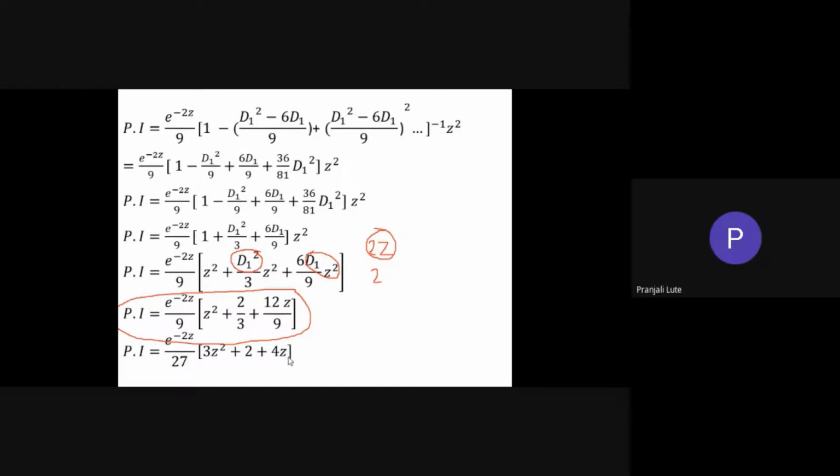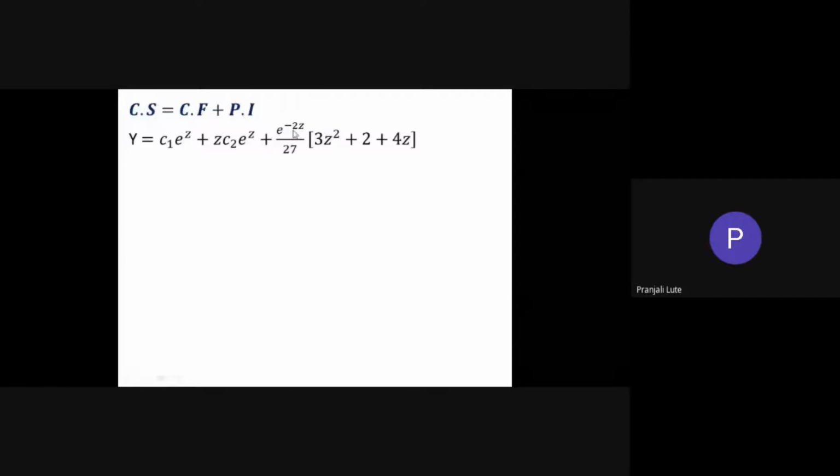Complete solution is complementary function plus particular integral. So here we have to write down c1 e to the power z plus zc2 e to the power z plus e to the power minus 2z upon 27, 3z square plus 2 plus 4z. This is your complete solution.